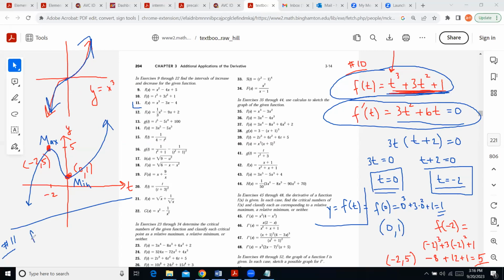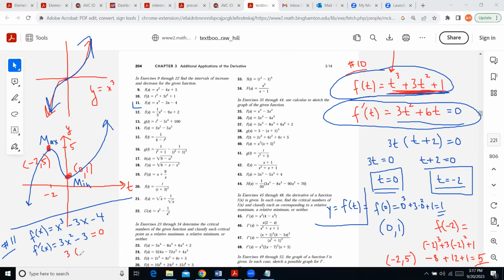So if my function f of x here is given as x cubed minus 3x, and then also subtract 4, then I'll take f prime of x, and this is going to be 3x squared, right? And minus 3x, so just minus 3. So once I found that derivative, I make it equal to 0, and then try to factor.